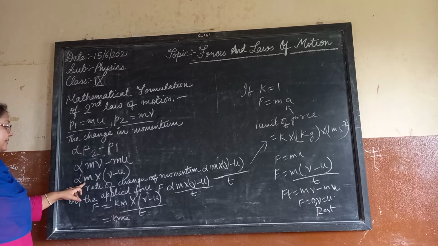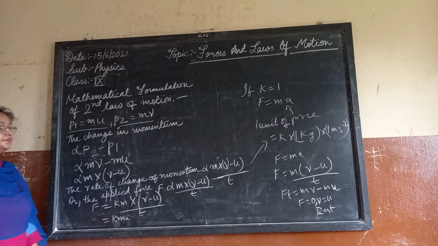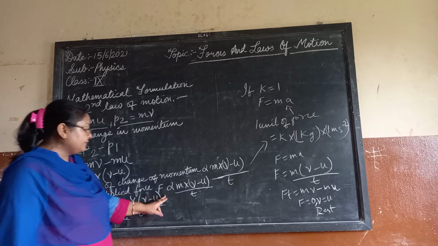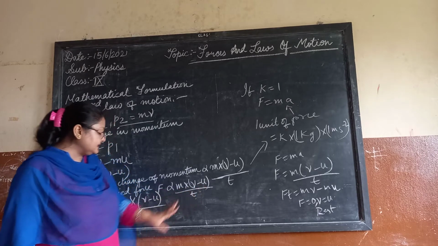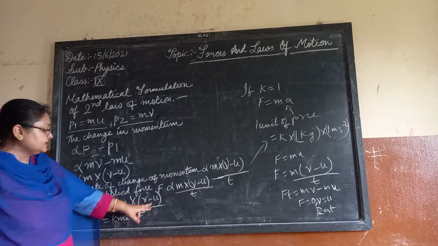If we take out m, what is left is v minus u. So the rate of change of momentum is directly proportional to m into (v minus u) upon t, and thus the applied force F is directly proportional to m (v minus u) by t, and thus F equals k into m into (v minus u) by t.